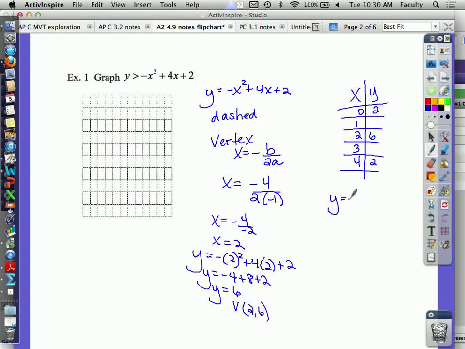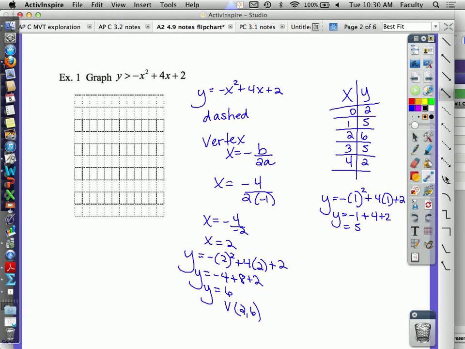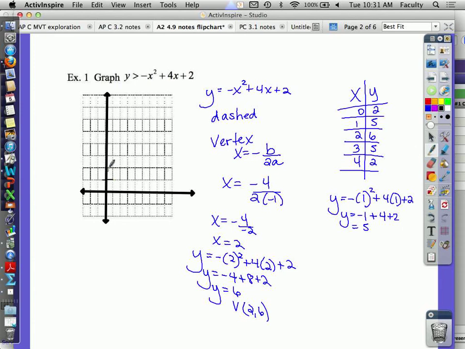And if I plug in 1, okay, so remember we said this one's dashed, so be very careful with that.